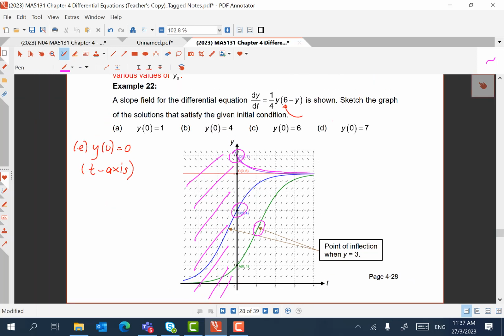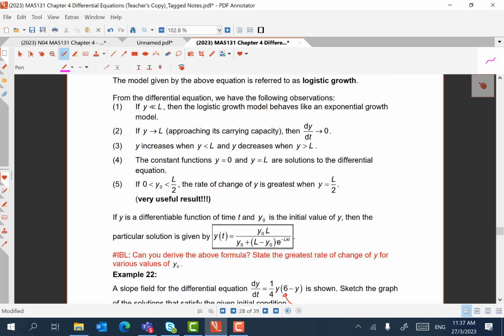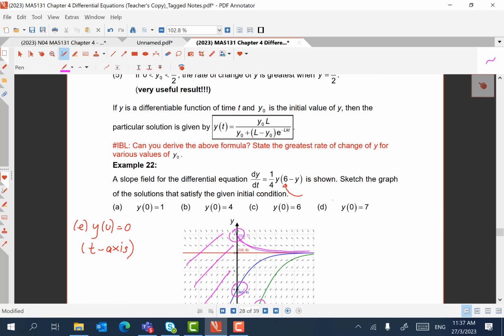So this graph is quite useful for me to then tell you about these bullet points. Otherwise, this bullet point can be quite hard to understand. Like pointer number 3. If you are starting below, you'll be increasing. If you're starting above, it'll be decreasing. Can you see?